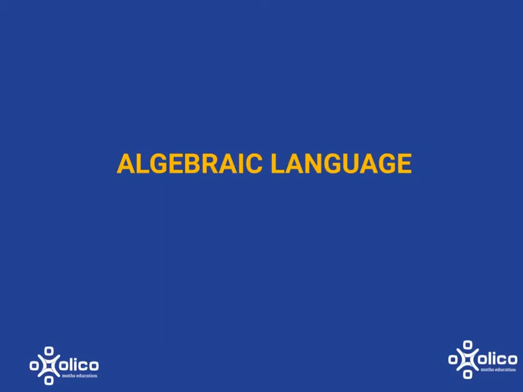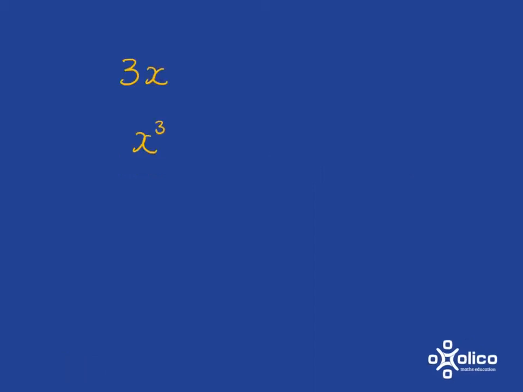Algebra is a language, and we need to know some of the basic rules of how to communicate using this language. Some of these are just conventions that make sure that we can all understand each other and that we're using the same signs to mean the same things. So let's first look at something like 3x, which you'll see a lot of in algebra.